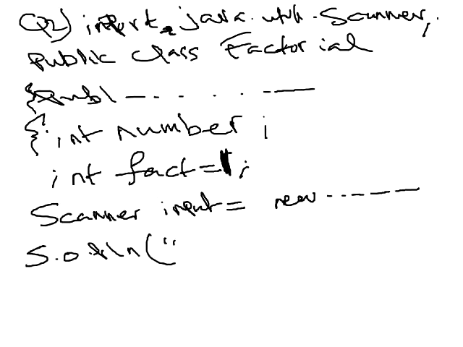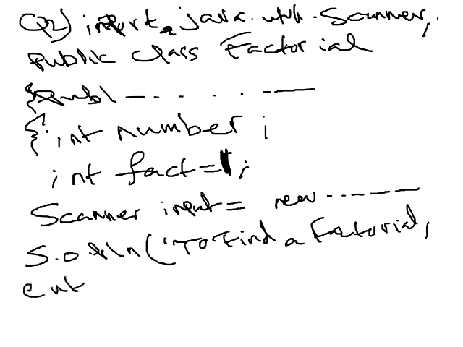System.out.println, we give a message for the user to prompt to enter the number. So say something like, to find the factorial, enter a number.